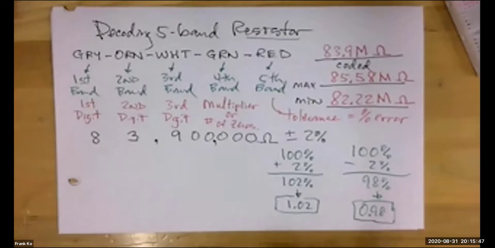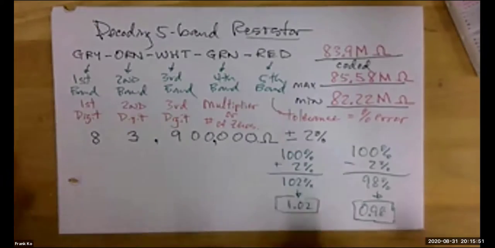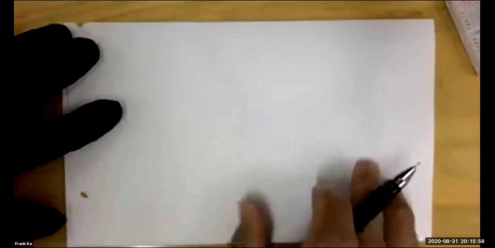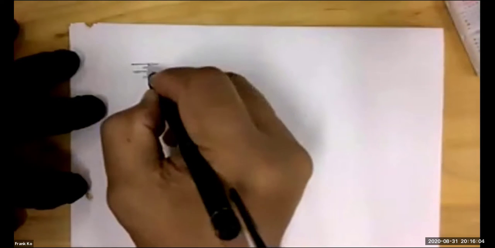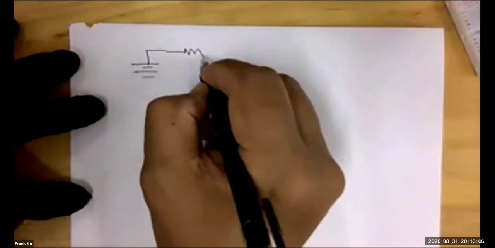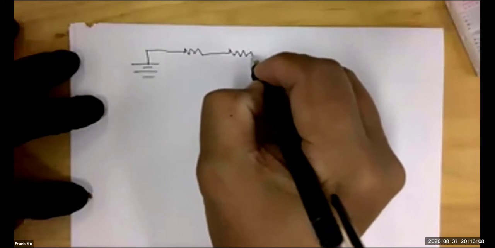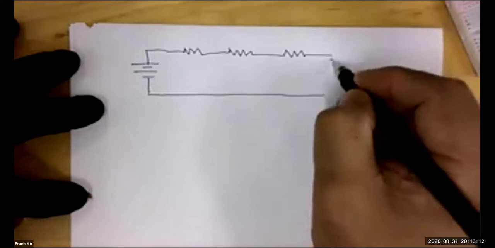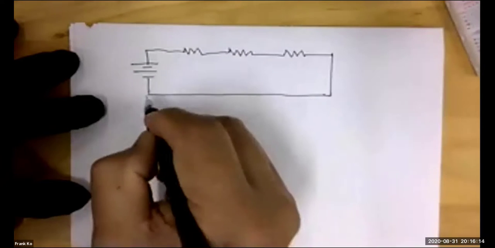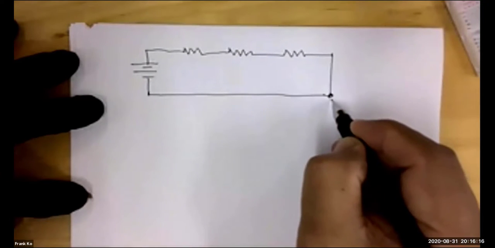All right. Next task at hand will be voltages for a circuit at specific points. So I'm going to draw you this circuit here, here, here, like so, to here. And I'm going to put a ground point right here.